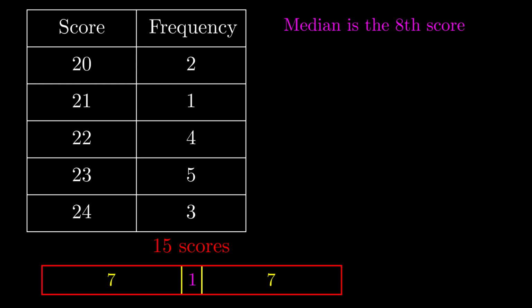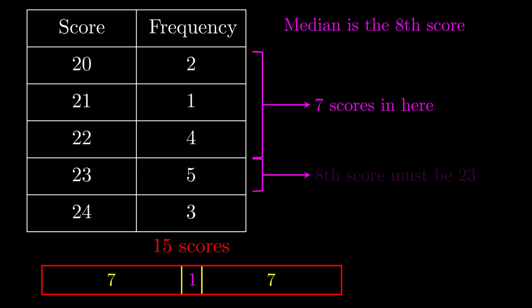If you start counting the frequencies, inside here we have 2 plus 1 plus 4, which is 7 scores. So you have a bunch of 20s, a bunch of 21s, and a bunch of 22s, and that's your first 7 numbers, which means your 8th number must be the first 23. And so the median is 23.